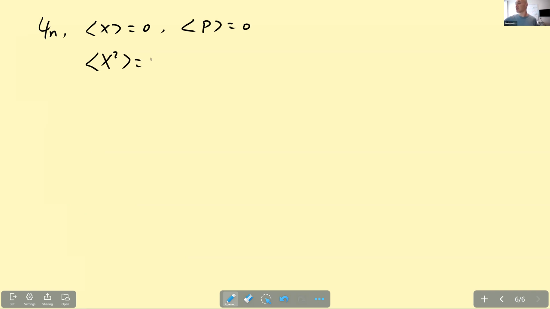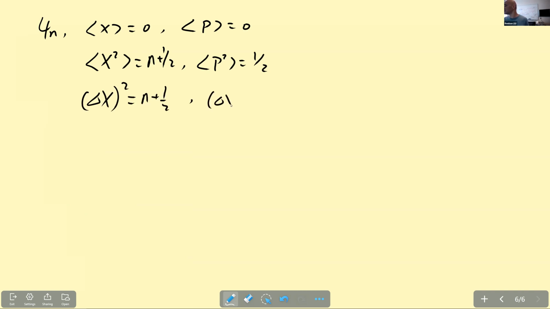Let me recap. For m, you have x equal to 0 and p equal to 0. And you have x squared equals m plus half, and p squared equals m plus half. So that means the fluctuation, or the variance, is something like this one.